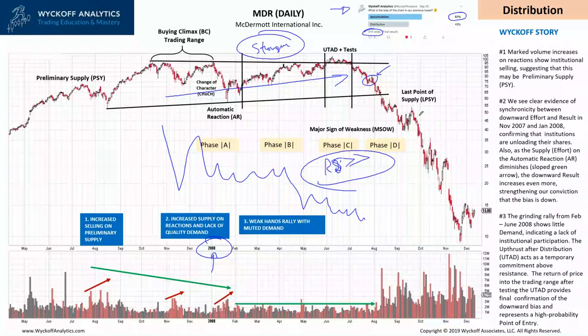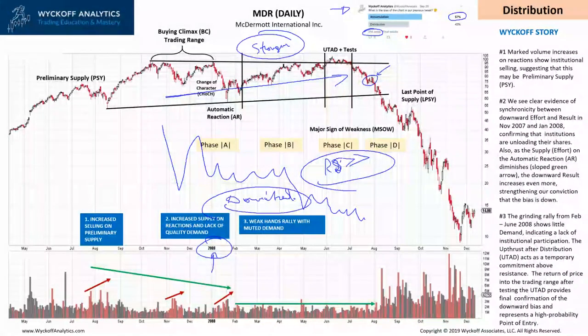Why is this important? Well, if we think about when it happens in the price cycle, we would know that the market was already in the downtrend. And then we know that this stock was still populated by many institutional investors.